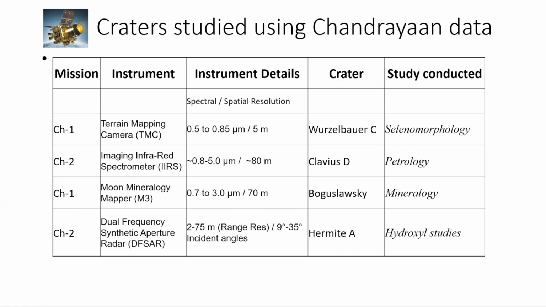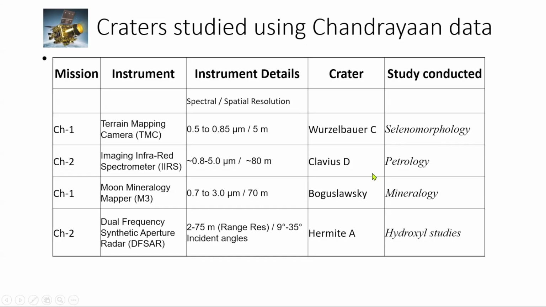It is meant for generating stereo maps. The objective of this camera is to map the lunar surface topographically and generate a DEM out of it. Whatever DEM was generated by this TMC has been used as a reference, and we have selected this particular crater which has different morphological features and worked on that.